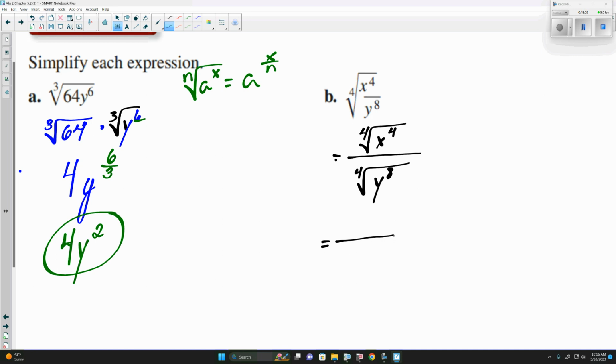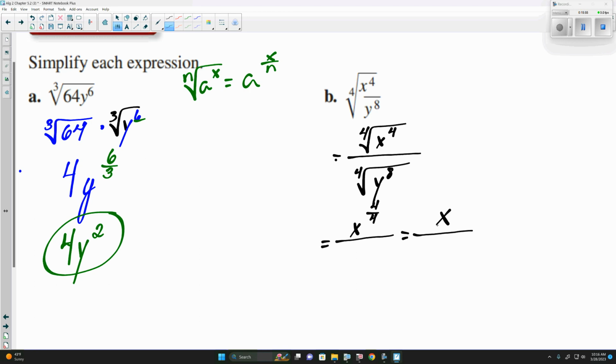Now at this point here, we can rewrite the numerator and denominator as fractional exponents, because the numerator is going to be x to the power inside is 4. Our root is 4. Or as we can see here, the 4th root of x to the 4th is just going to end up being x.